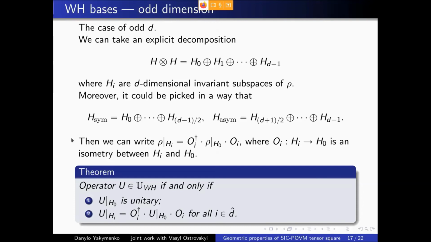Now, from what we deduced, we can write that the representation on the i-th component equals the representation on the zero component under some isometry, where this isometry can be explicitly computed from the decomposition.